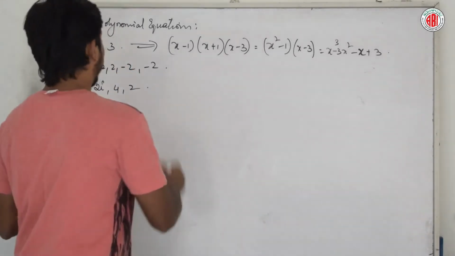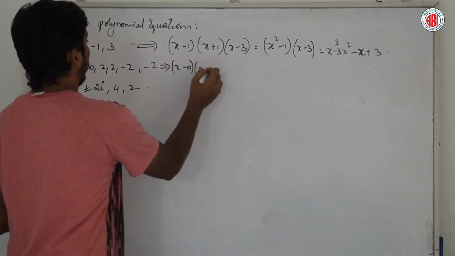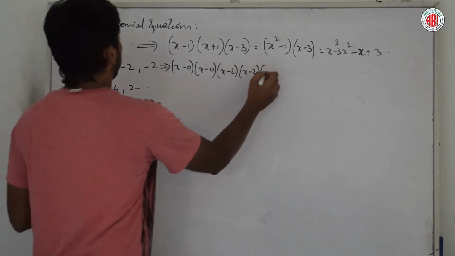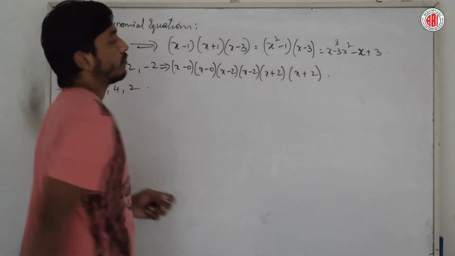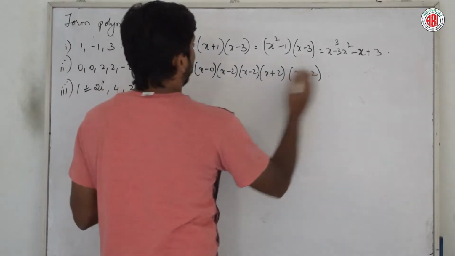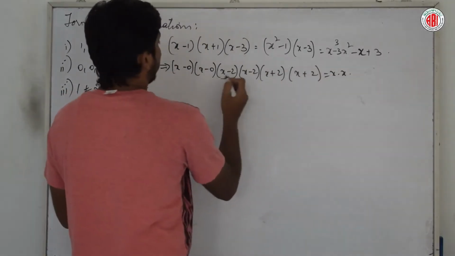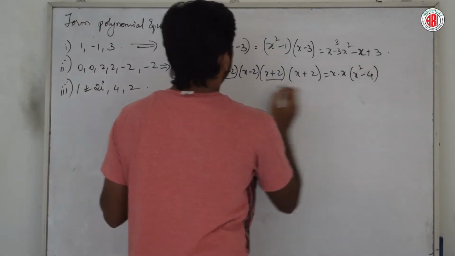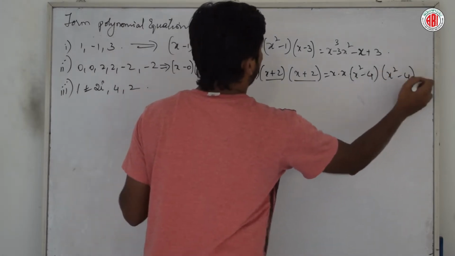So let me write it as x minus 0, x minus 0, x minus 2, x minus 2, x plus 2, x plus 2. Is it? Fine. Now x minus 0 into x minus 0 is x into x. Now x minus 2 into x plus 2 is x square minus 4. Here again x minus 2 into x plus 2 is x square minus 4.